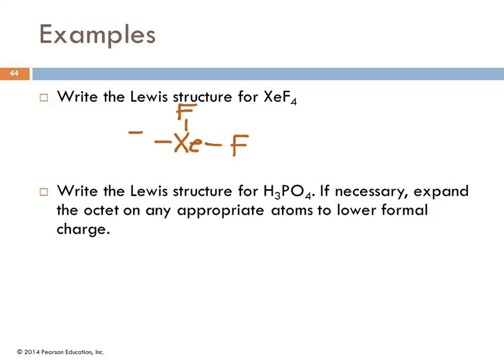This is usually how things go. And how many electrons? We've got 4 fluorines. They each have 7 valence electrons, and the xenon has 8. So that's 28 and 8, that's 36. Is that right?